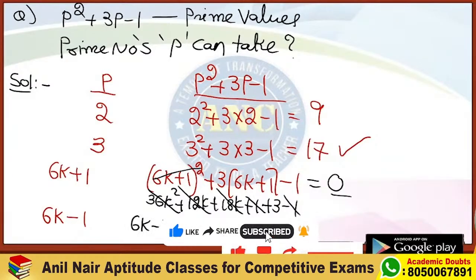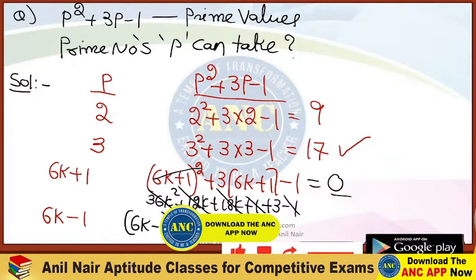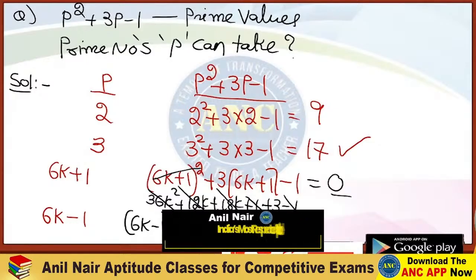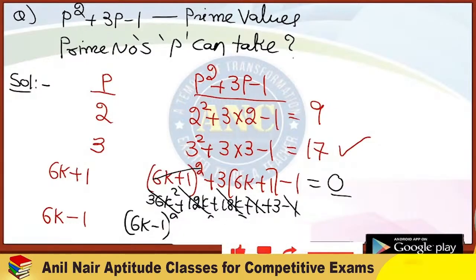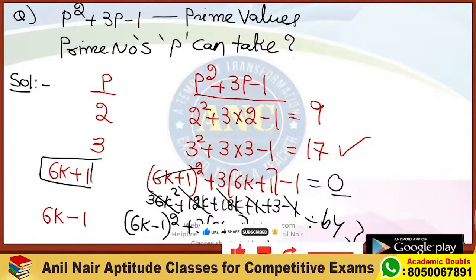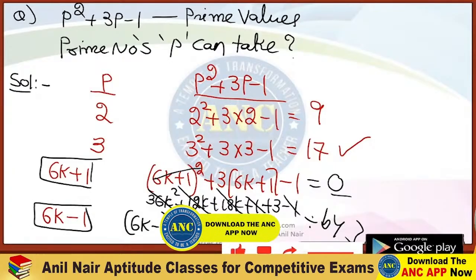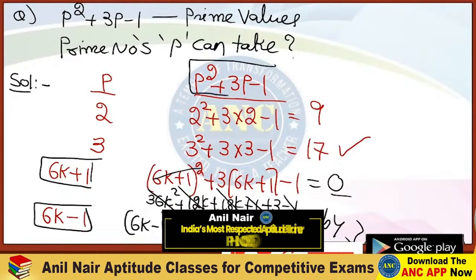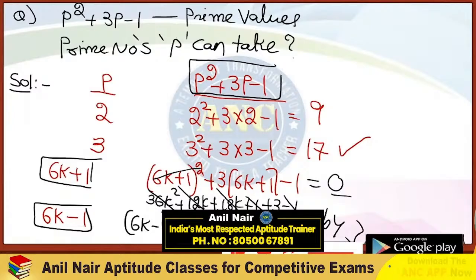Now 6k minus 1 whole square plus 3 into 6k minus 1 minus 1. 6k whole square divisible by 3. 2 into 6k divisible by 3. Plus 1 divisible by 3. Plus 1 minus 1 gets cancelled, so all are divisible by 3. That means if I substitute any prime value greater than 3, whether it is 6k plus 1 or 6k minus 1, both result in p square plus 3p minus 1 divisible by 3.